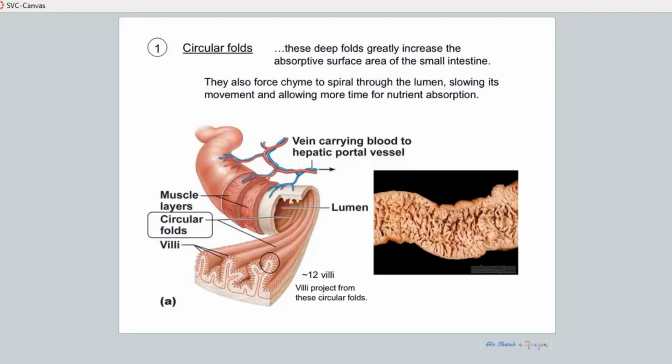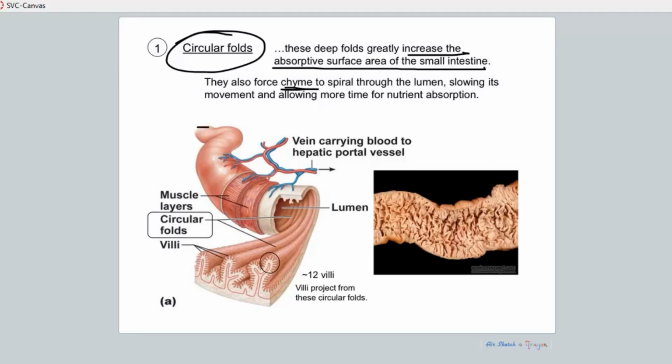But back to the point here, let's look at some of these modifications that increase digestion and absorption efficiency. The first are these circular folds here. What they do is they greatly increase the absorptive surface area of the small intestine just by having those folds there. Another thing they do is they force chyme to spiral through the lumen.